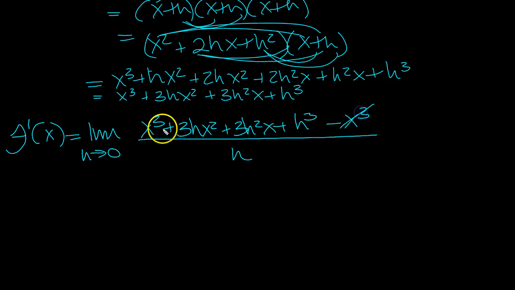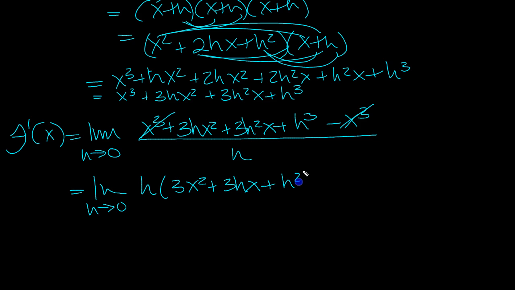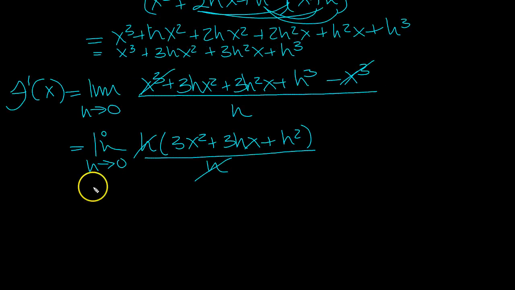And these cancel, and there's an h common on top. Limit h tends to 0, see the h common here on these 3 terms, so I'm going to take an h outside the bracket, and it will be 3x squared plus 3hx plus h squared on top, and the h underneath. And the reason we took an h out as common on top is because we can cancel it now with the h underneath. So that's the algebra.